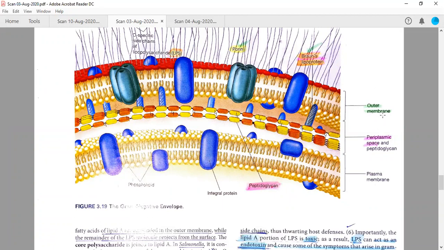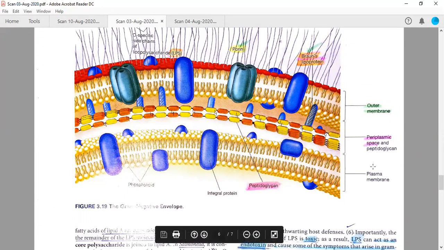But if you look at the structure of the outer membrane, it has these lipids. Also, you will see that here they have drawn them with yellow color, and here with some red color. So there is obviously some structural difference between the outer membrane and the plasma membrane.